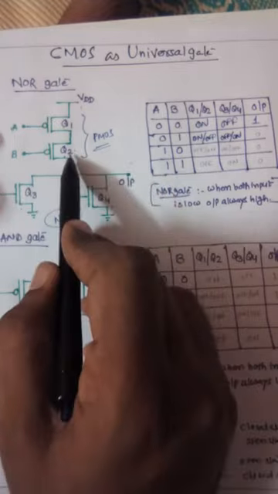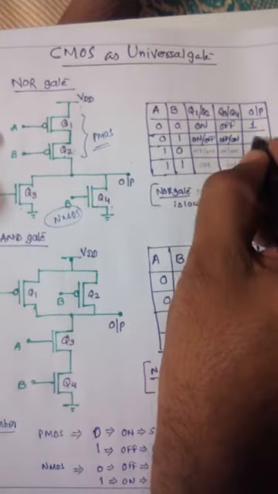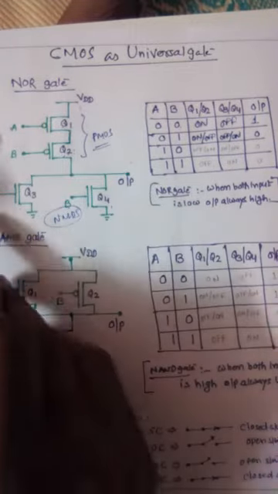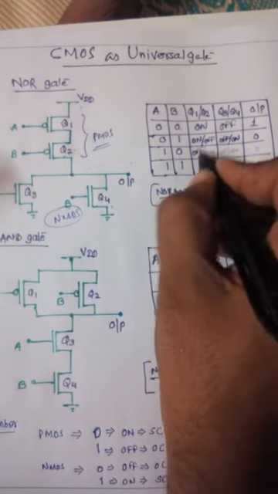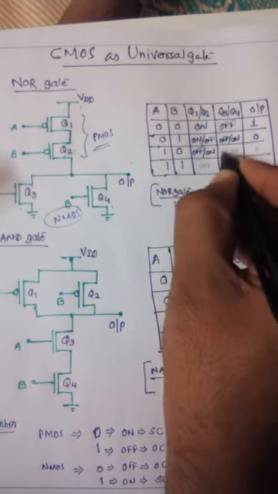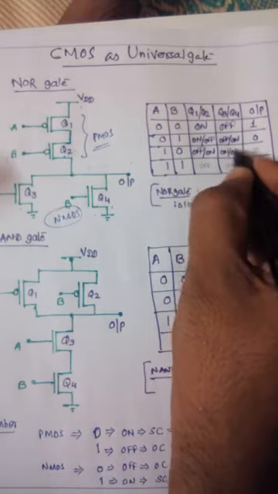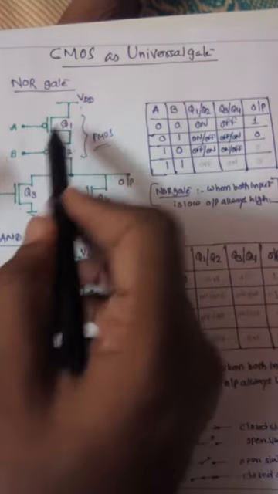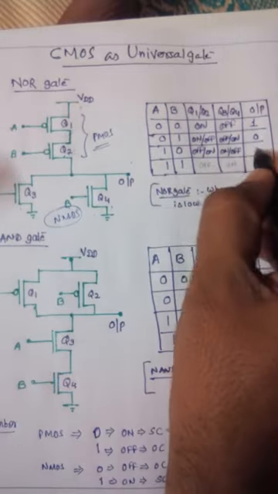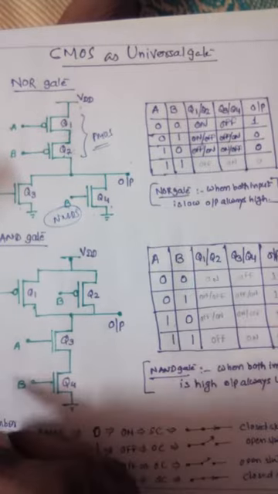But here Q2 is off, so output is 0. Now here is 1 and 0. At that time what happened? Q1 is off, Q2 is on, Q3 is on, Q4 is off. Once again Q1 is off, so current cannot flow, that's why output is 0.